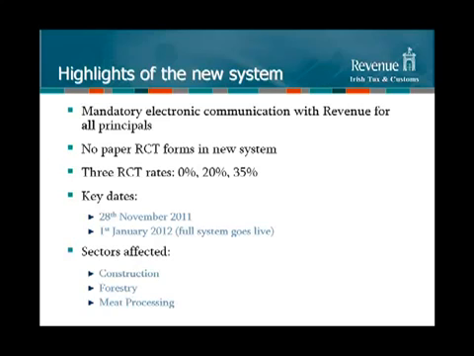The standard rate will be reduced from 35% to 20% and there will be no interim repayments to subcontractors. Subject to ministerial order, the full system will go live on the 1st of January 2012. These changes will impact on both resident and non-resident contractors in construction, forestry and meat processing sectors. From the 28th of November this year, principals can begin notifying contracts to Revenue.